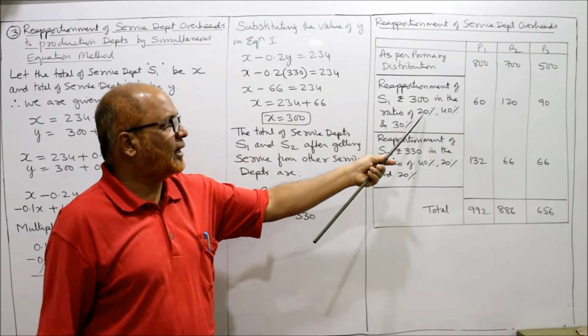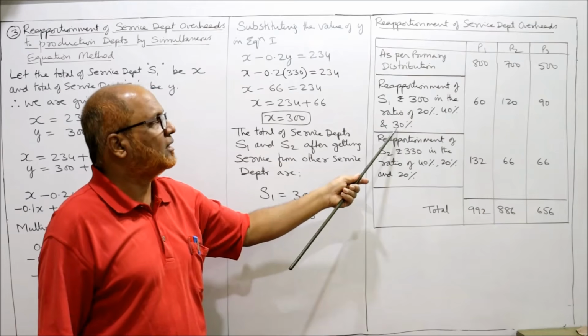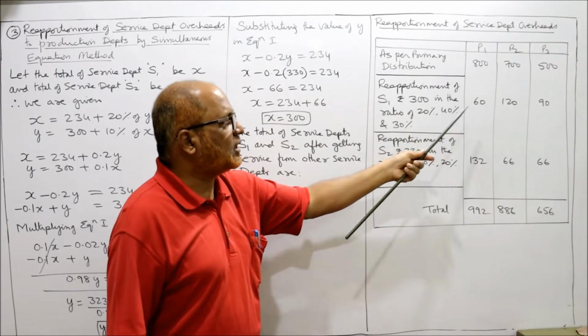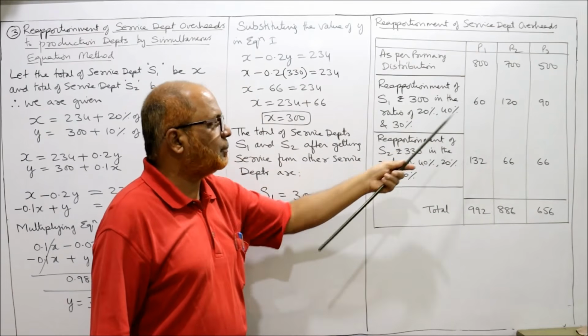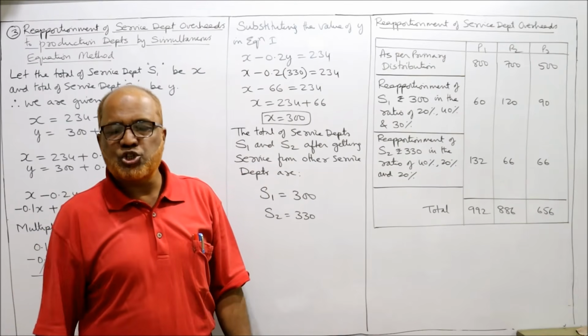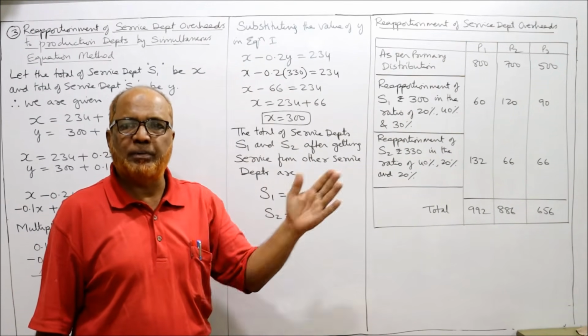S1 is giving 20% to P1, 40% to P2 and 30% to P3. So 300 into 20%, 60. 300 into 40%, 120. 300 into 30%, 90. That's it. We have distributed the total of service department S1 between P1, P2 and P3.